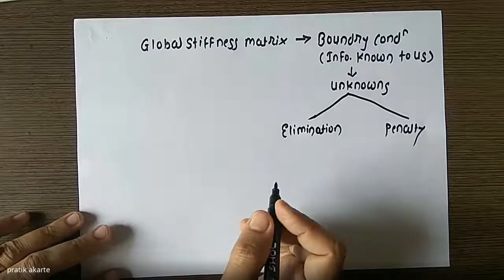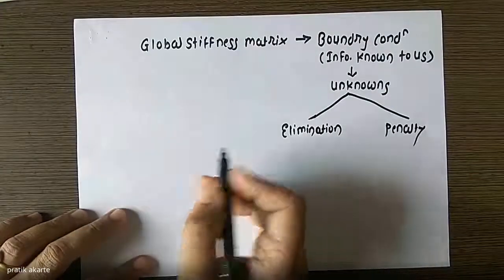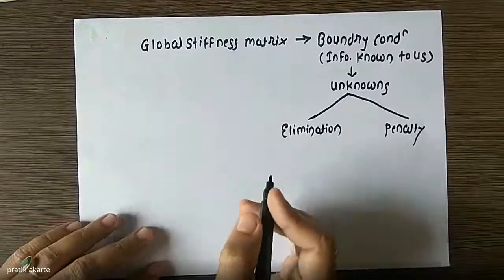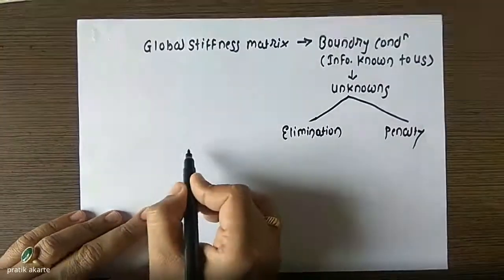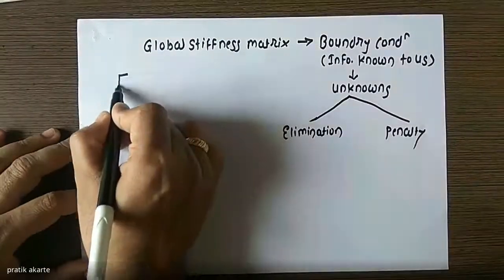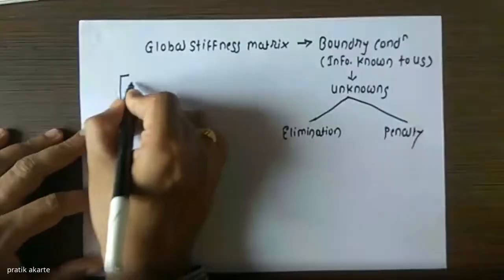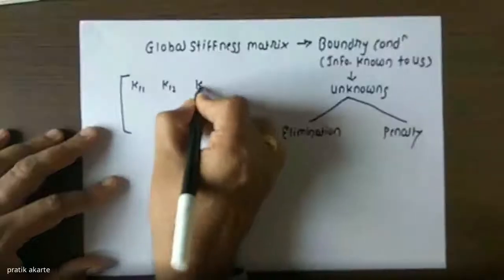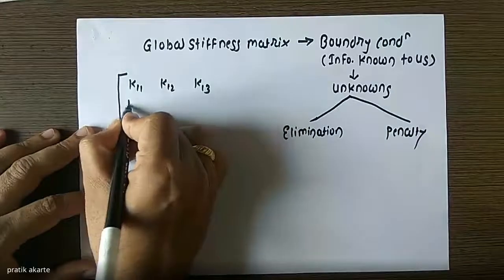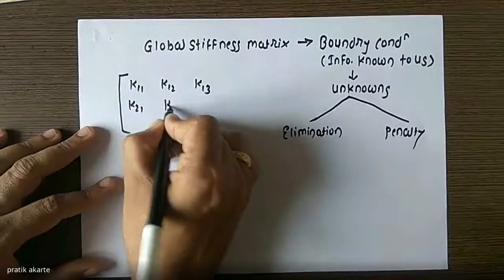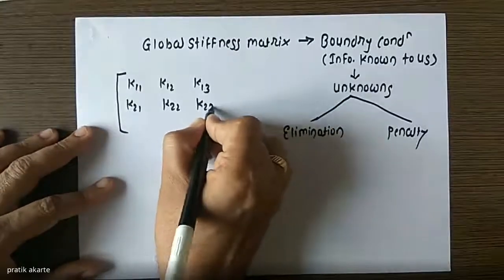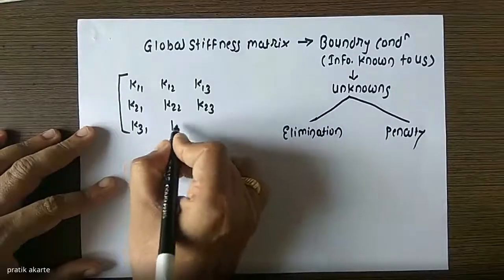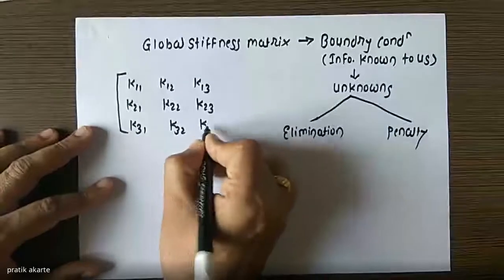So how will your global stiffness matrix look? Let us say for a 3 by 3 formulation, we can write the stiffness matrix as K11, K12, K13, K21, K22, K23, K31, K32, and K33.